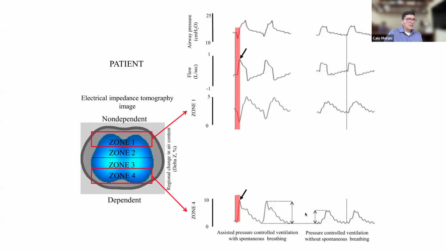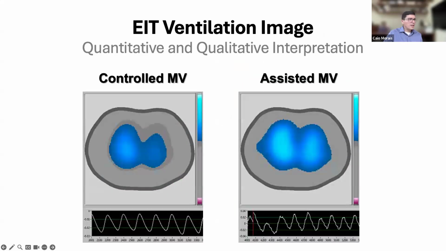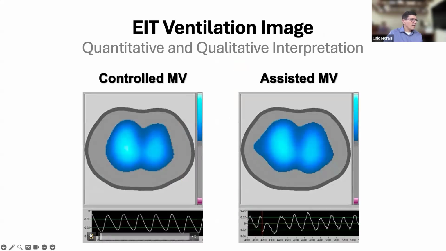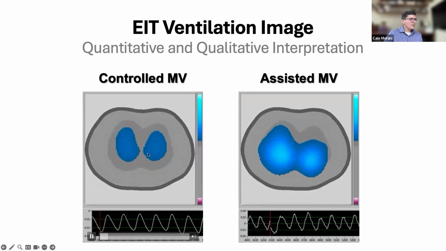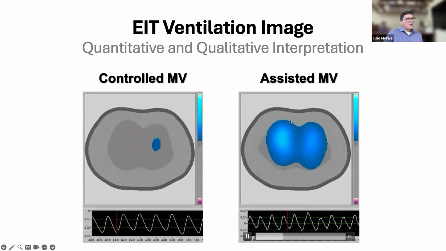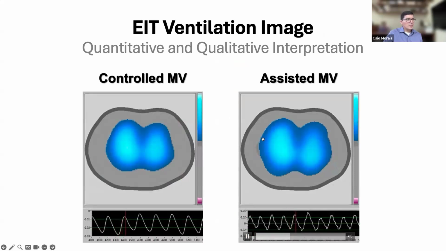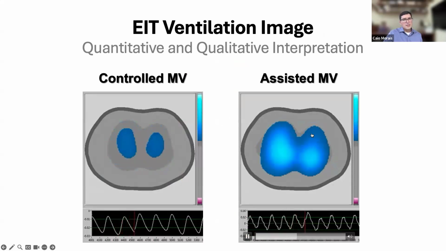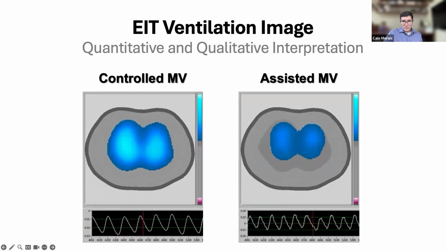Because we have the tidal volume delivered from the ventilator, plus the volume that changed from one part of the lung to the other part of the lung. So this may induce lung injury. This is one example showing how different is the pattern when we have controlled ventilation with simultaneous lung inflation and when we have strong inspiratory effort during assisted mechanical ventilation.